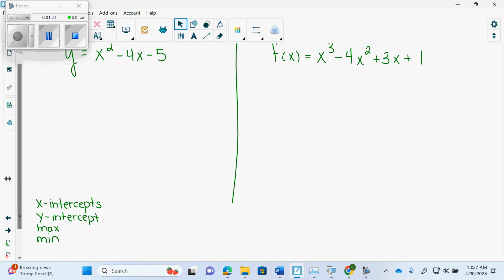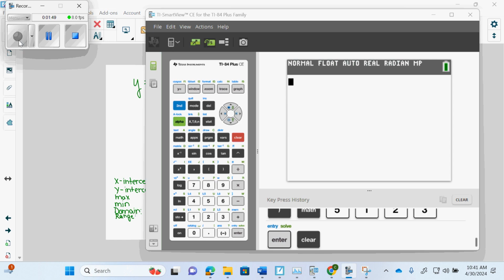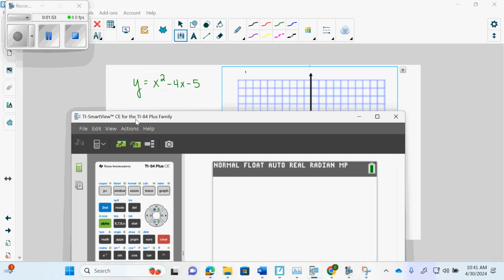X-intercept, Y-intercept, max min, what? Domain and range. You have to do that too. See if I care.